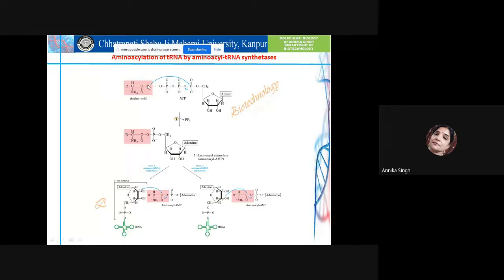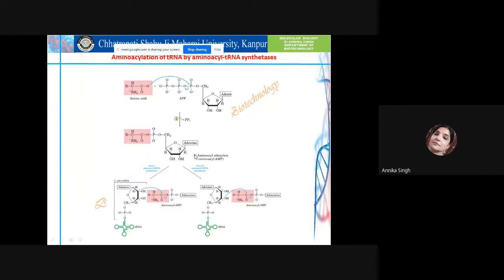So this carboxyl group attacks the alpha phosphoryl group of ATP and forms an anhydride linkage with displacement of pyrophosphate. ठीक है, PPi, that is known as pyrophosphate.